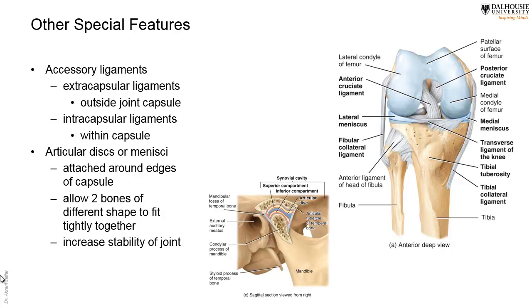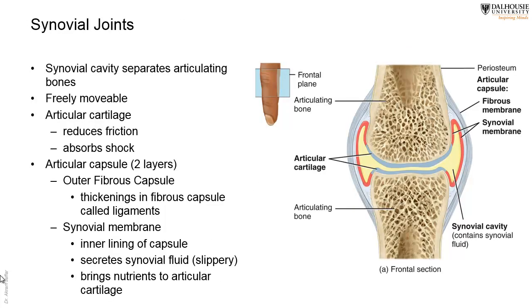You can see here that the distal end of the femur and the tibia don't fit tightly together. So there are what we call menisci, a medial meniscus and a lateral meniscus, which are made of fibrocartilage. They are a kind of intra-articular discs.